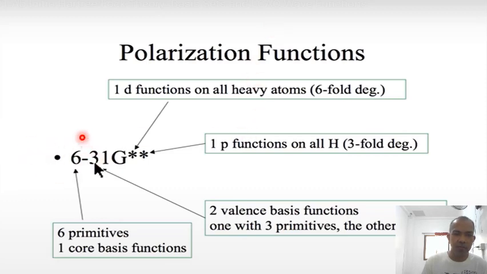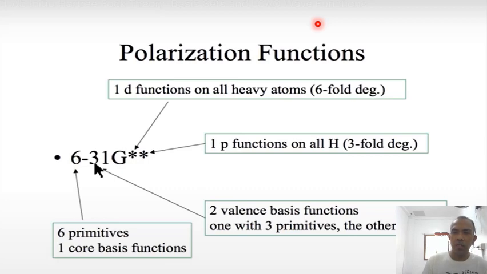And the tight function is not contracted from two, but from three. So it's got a little more detail in its shape. And finally, the loose function continues to be just a single loose one.